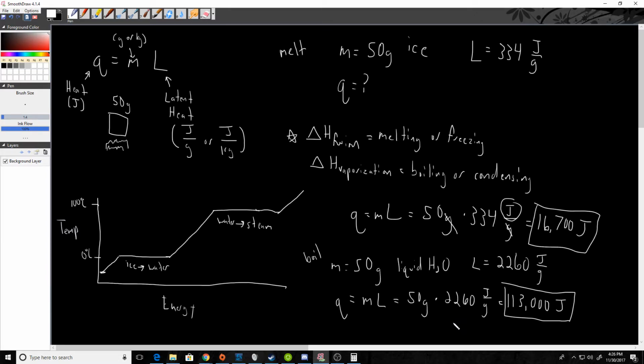For the latent heat of vaporization, we need to give these molecules enough energy that they overcome all of the intermolecular forces holding them together, so that they're able to escape the liquid and fly around randomly as a gas. Typically, latent heats of vaporization will be higher than latent heats of fusion, because you have to completely overcome those intermolecular forces.